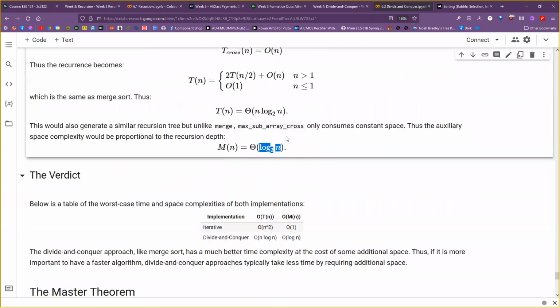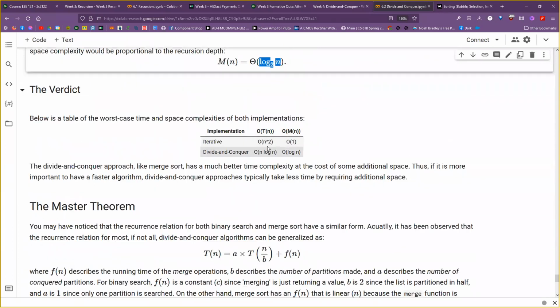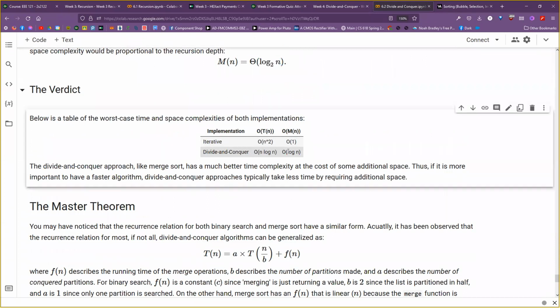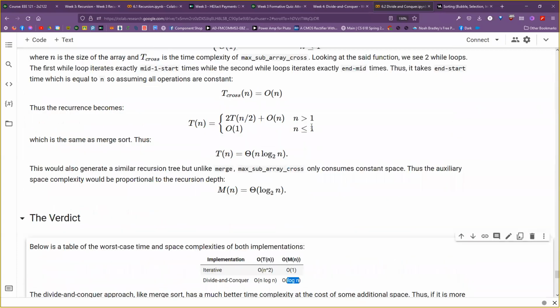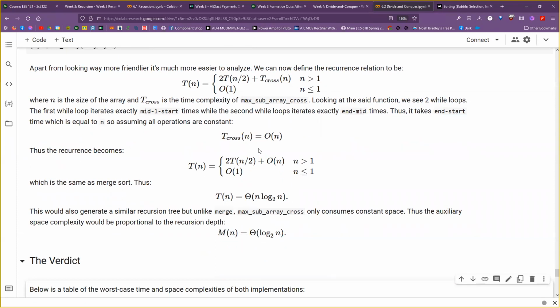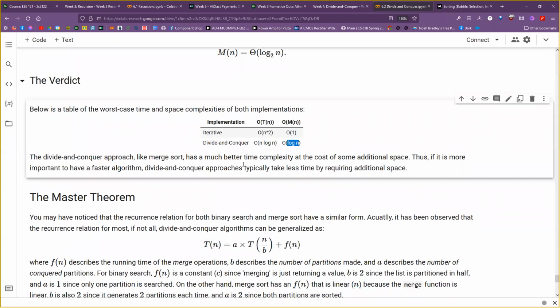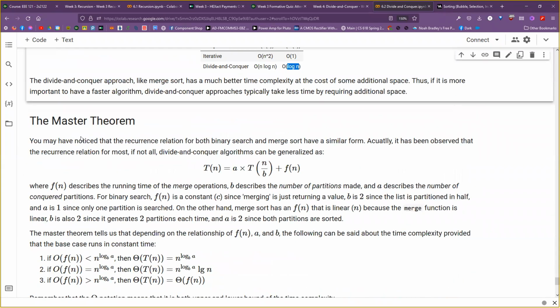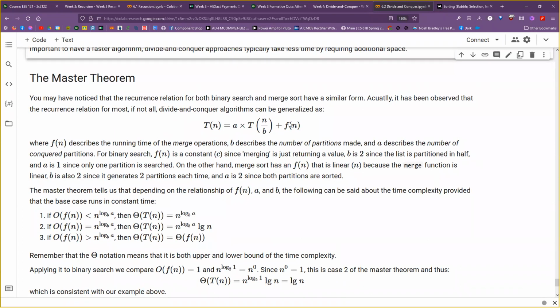And then, ayun, which one is better? Ayun, so for divide and conquer, parang similar sa merge sort, mas mabilis tayo, except that we use more memory. Then, ayun, if you recall sa divide and conquer, lagi naman tayo nagde-divide. So, most often than not, yung ating recurrence would look something like this.